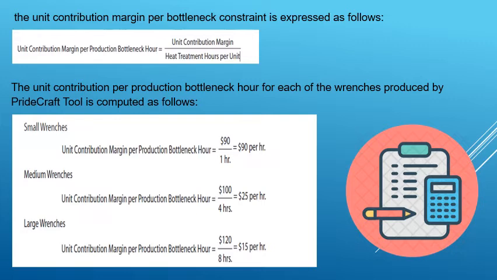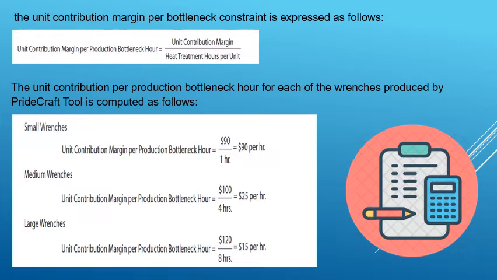The small wrench produces the highest unit contribution margin per production bottleneck hour of heat treatment, at $90 per hour.